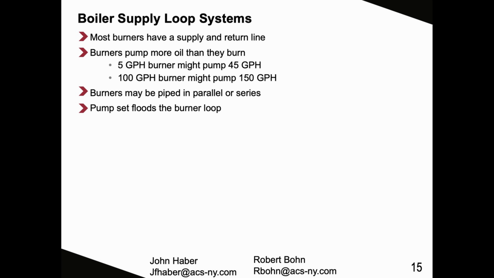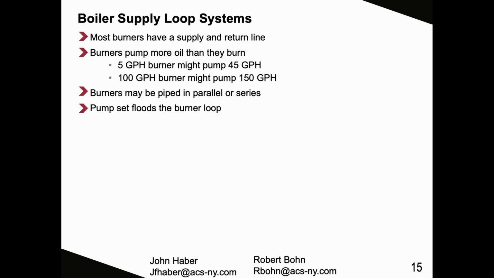The pump set needs to flood the burner loop. So if you have a multi-boiler system and you have the piping potentially running across the ceiling, which is typical in New York City, you need to have the piping pitched back towards the burners and boilers.